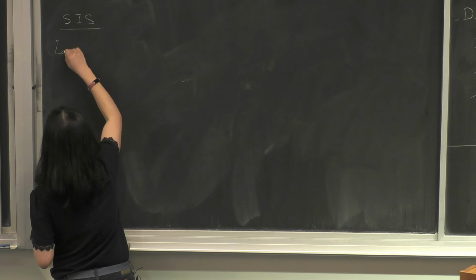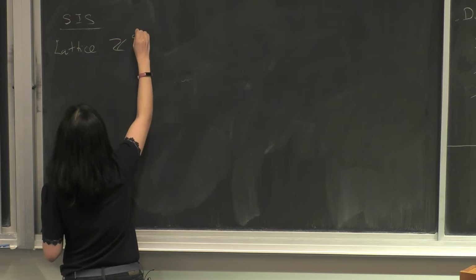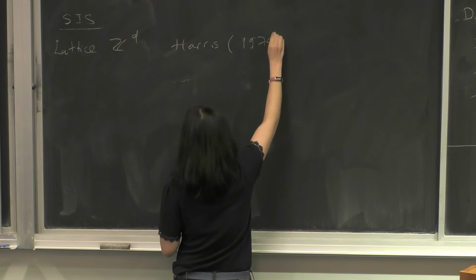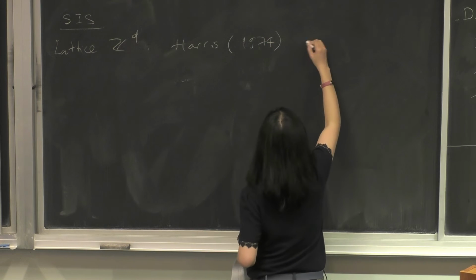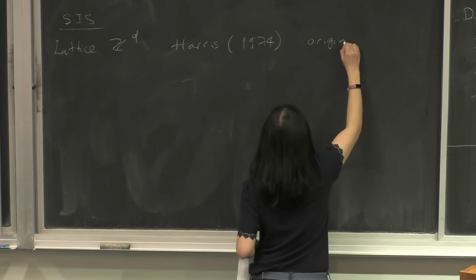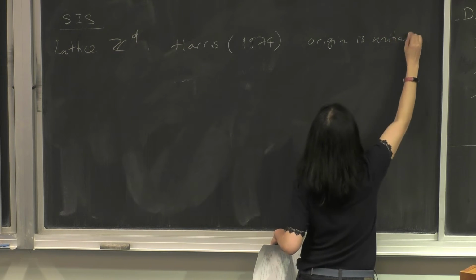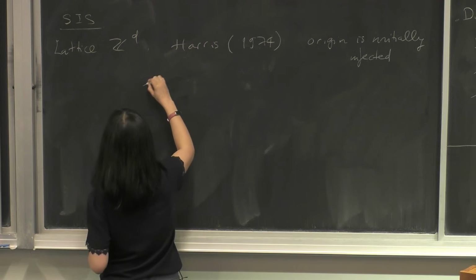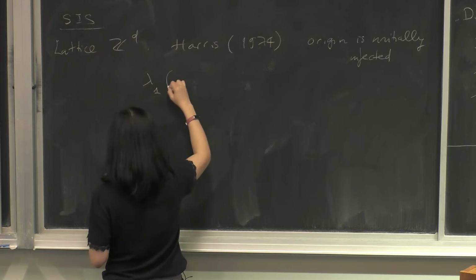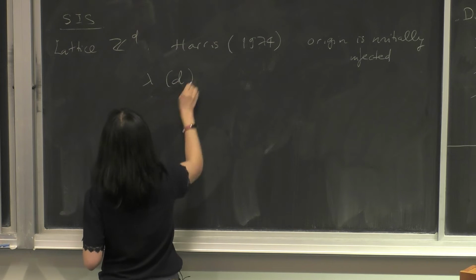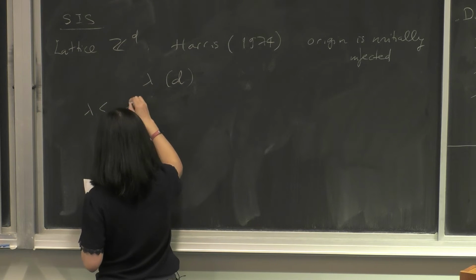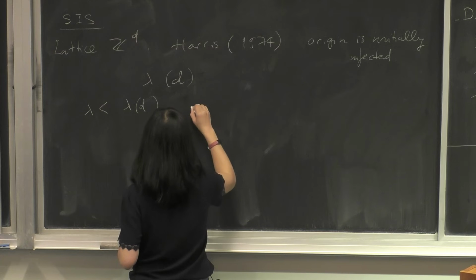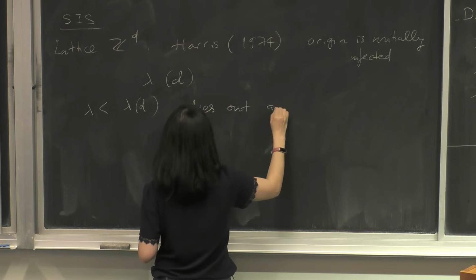Firstly, for the lattice Z^d, Harris in 1974 showed that, if the origin is initially infected, there exists a threshold lambda d, such that if lambda is smaller than lambda d, then the process dies out almost surely.